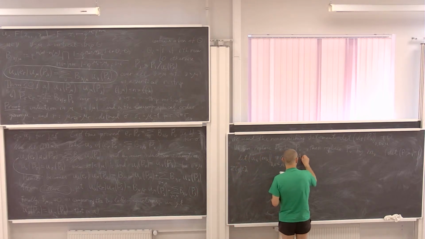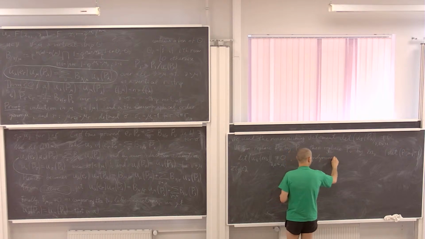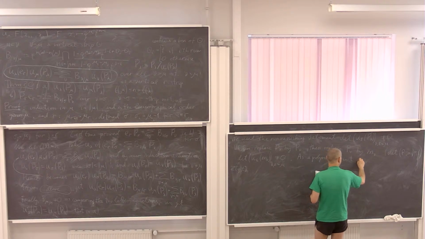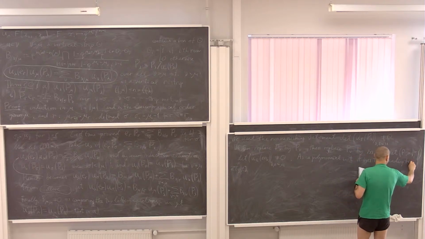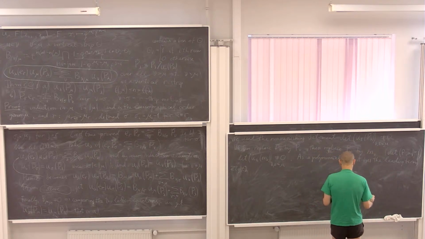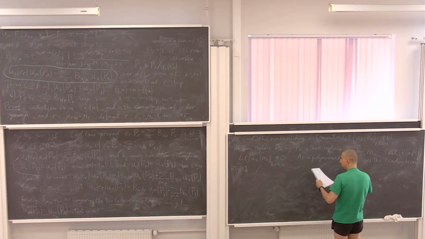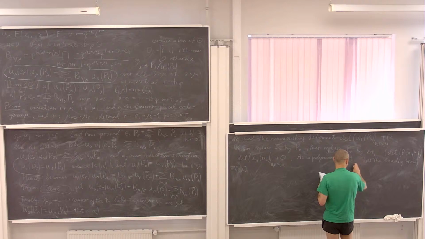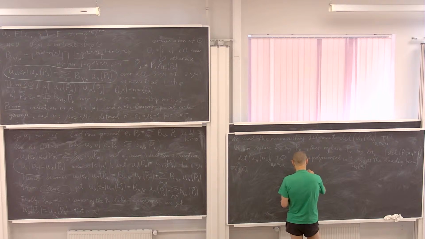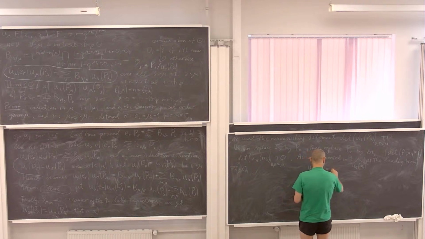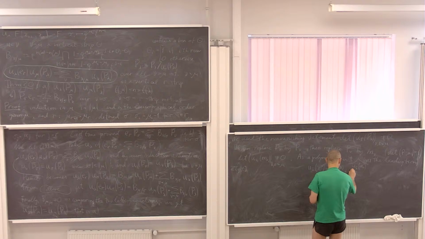And as a polynomial in T, any matrix coefficient u pi of m nu has the leading term u pi of x to the power nu, that is q to the scalar product nu pi times t to the scalar product nu rho.